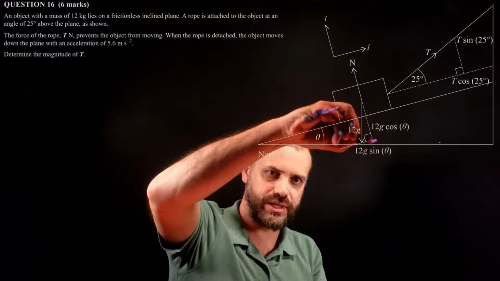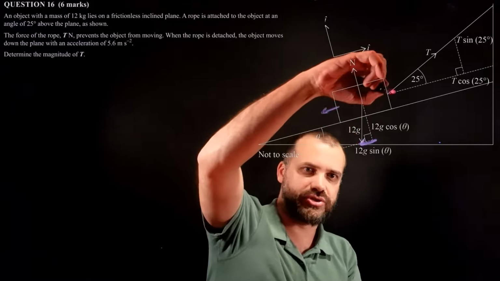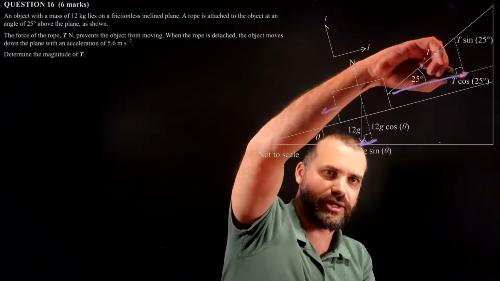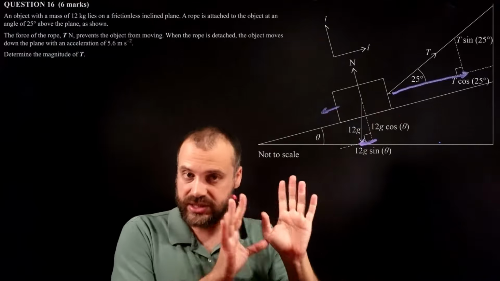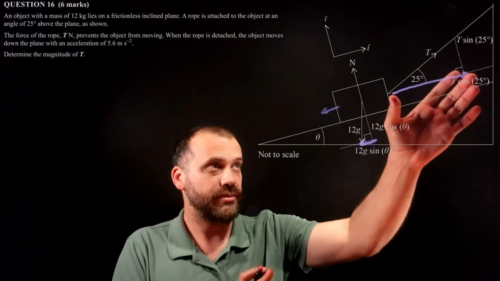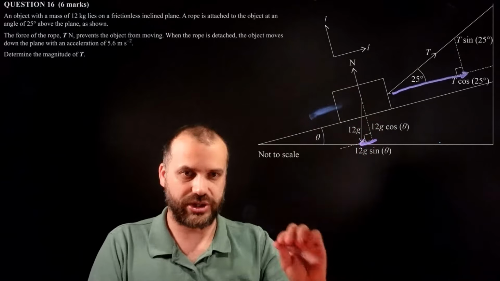So there's this one here moving in that direction, and then there's this string, this vector right there. So for the thing to be staying there while the string is attached, that means that this must be equal to this. Let's ignore our little acceleration arrow for now.